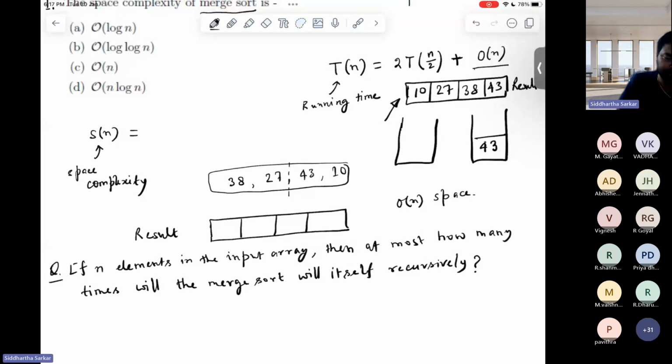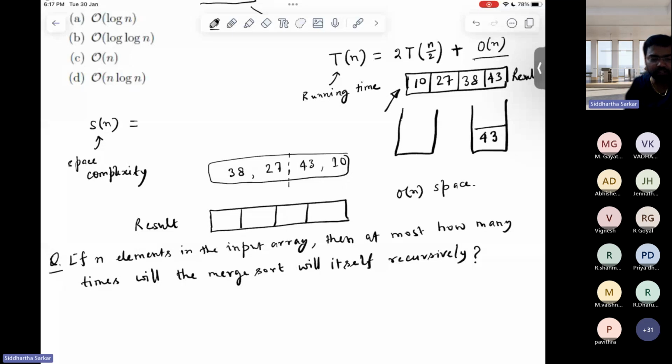Since each time the subproblem size is halved, after k recursive calls, the subproblem size will be how much? So we started with n. So after k calls, this remaining subproblem will have size n by 2 to the k.